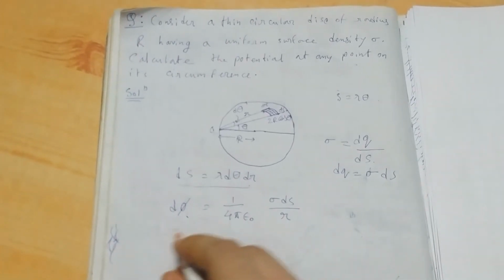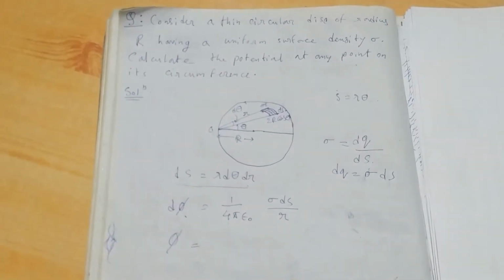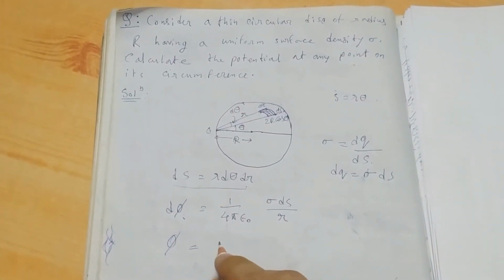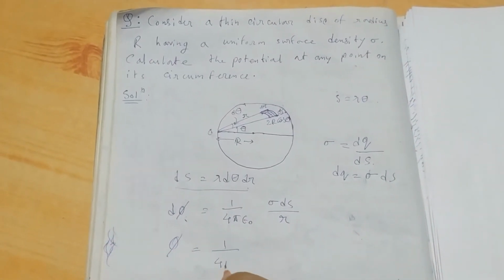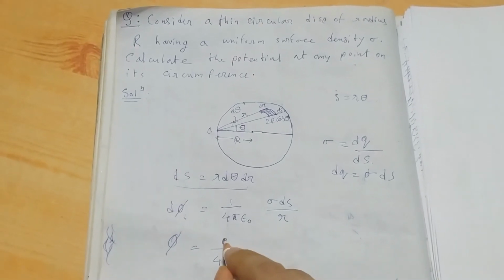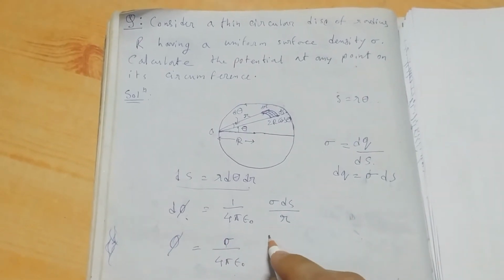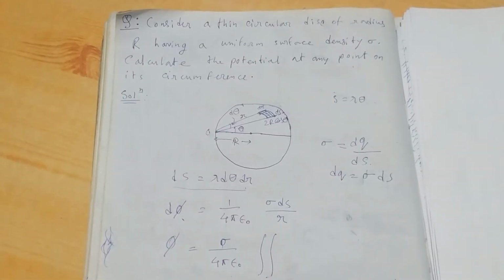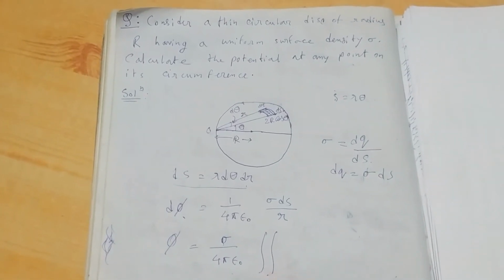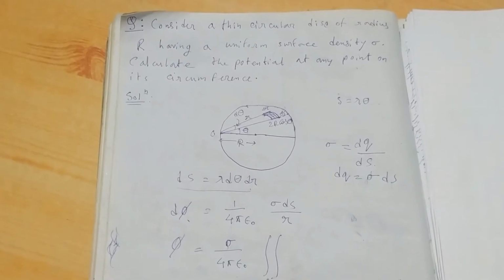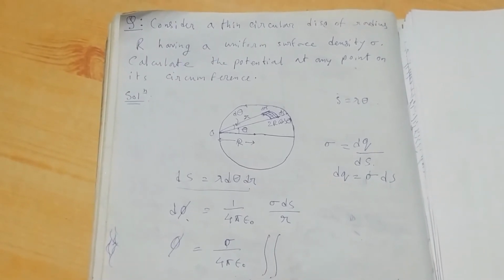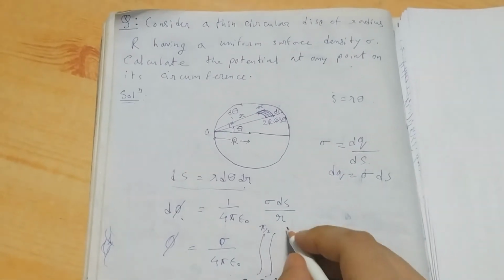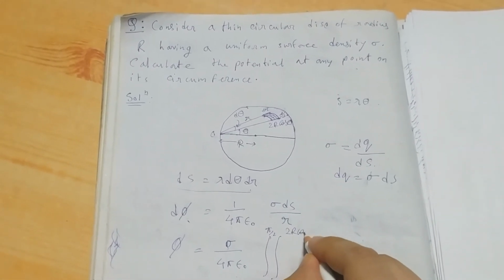So you get it, and by integrating we get 1 by 4 pi epsilon naught sigma. Now that will be a surface integral where the limit of theta will be from minus pi by 2 to pi by 2, and the limit of r will be 0 to 2r cos theta.